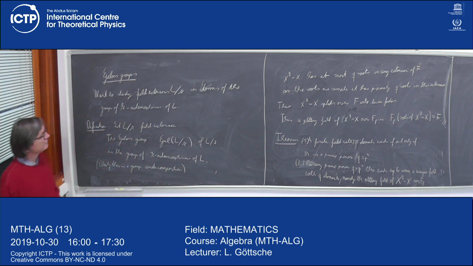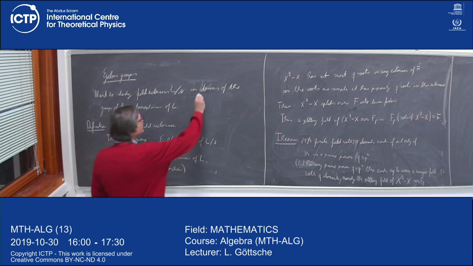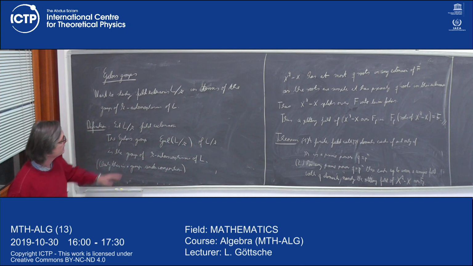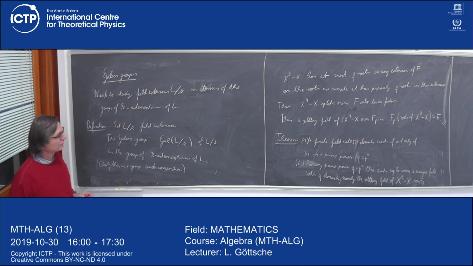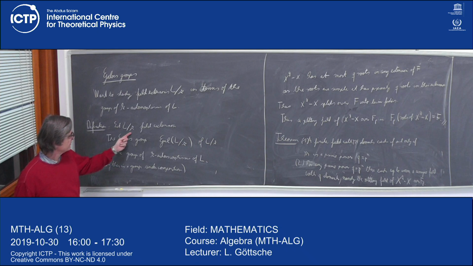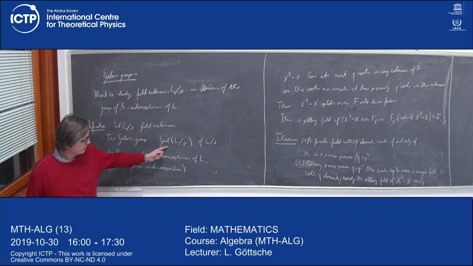Now, you might be a little bit disappointed in some sense, because I told you we want to understand field extensions in terms of a group, and one could have thought that there would be some very simple group associated with the field extension. And now if one looks at the definition, it looks quite terrible. You have this field extension, which you try to understand, and want to describe in terms of something which in some sense looks more difficult.